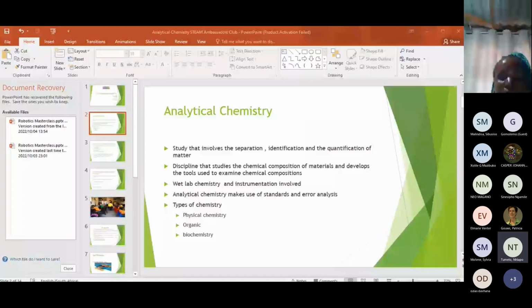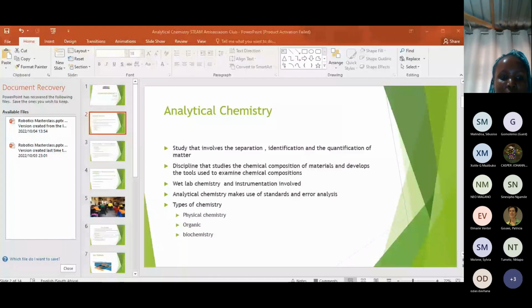Can you see where it's written file, home, insert, design, transitions, animations, and slideshow?